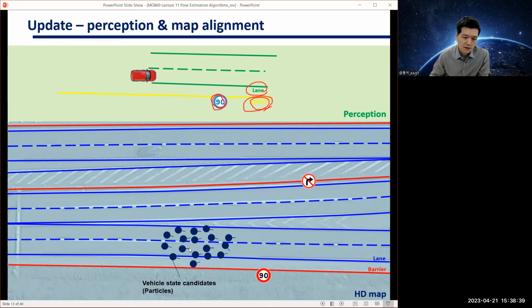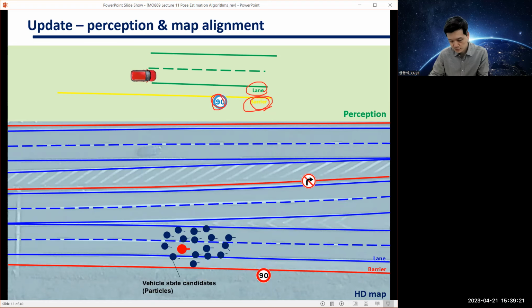In the case of a particle filter, we have these particles over this space, and we can do matching for each particle. We need to apply these perception results aligned with this particle and see whether it matches well. And if it doesn't match well, then we lower or even eliminate the weight on that.